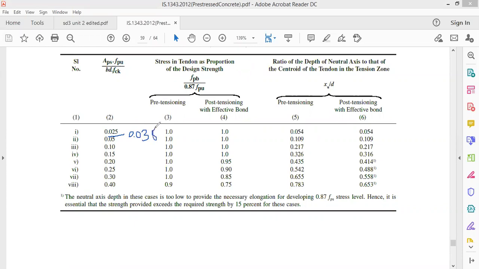So if the value is not available directly, then I need to interpolate between these two values. With respect to 0.025 it is 1, and at 0.05 it is also 1. So there is no change here, and I will have the same value.